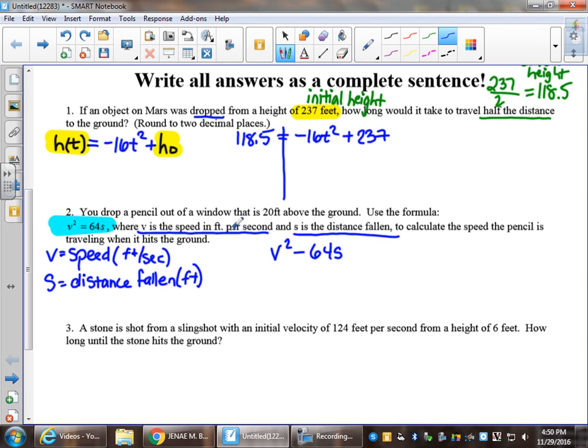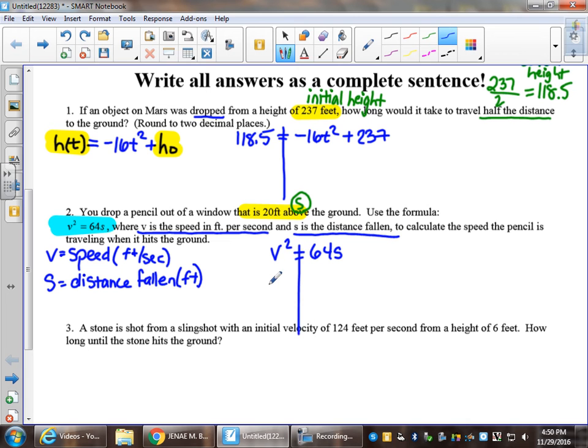s represents the distance fallen, and I'm told that you're starting from a height of 20 feet, so that means it fell 20 feet. If you want to make a note, that's the value for s.